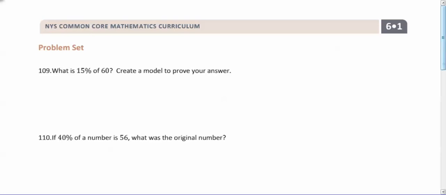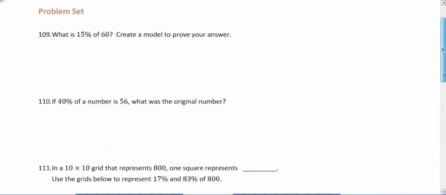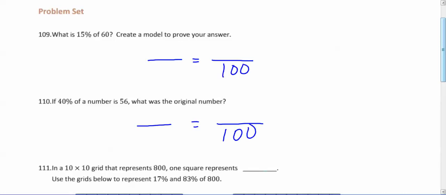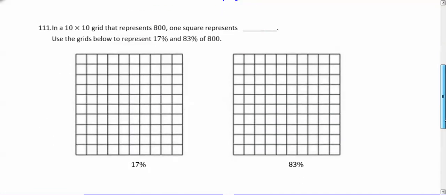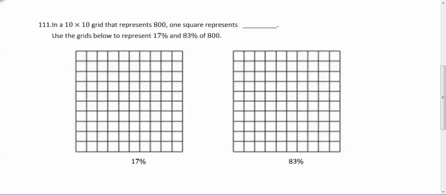If you go to page 90, you have 109, 110. You guys can use line equals line, percents are out of 100, right? Now down here, they tell you that these 10 by 10 grids, so there's 100 boxes, are worth 800, right? So when you set this up, you got to think each one is worth 1%, right?